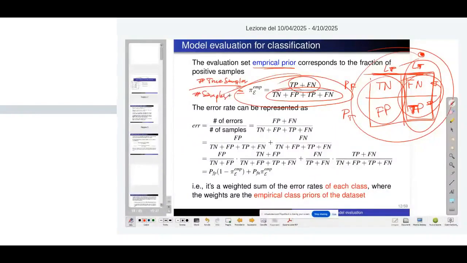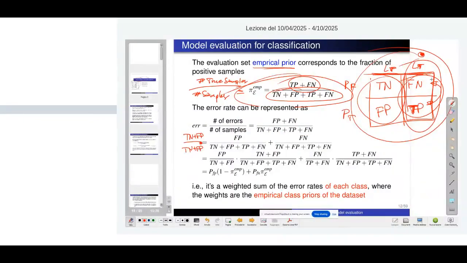Now, let's rewrite the error rate, putting in evidence the empirical prior. We can rewrite the error rate in this way. We split the numerator in two. So we have a sum at the numerator, so we split it into two fractions. Then for each fraction, we multiply and divide by TN plus FP divided by TN plus FP.